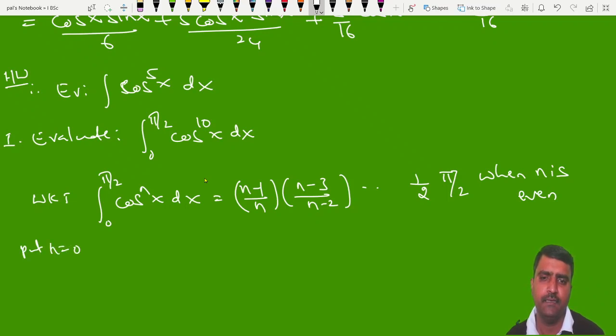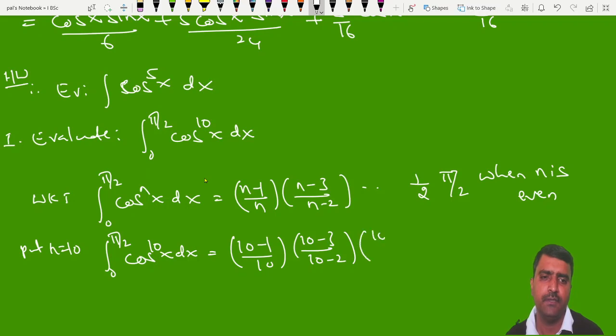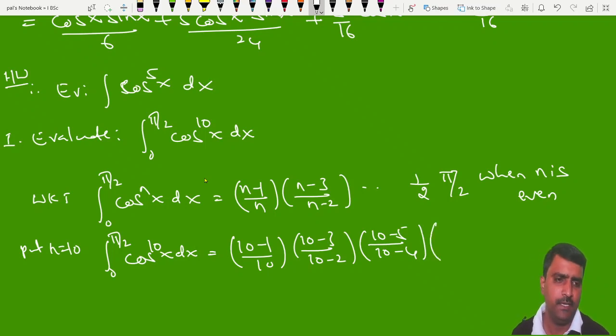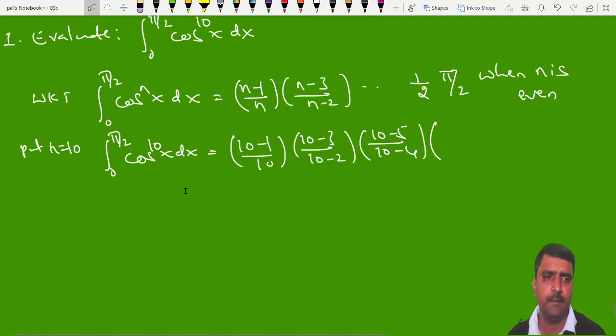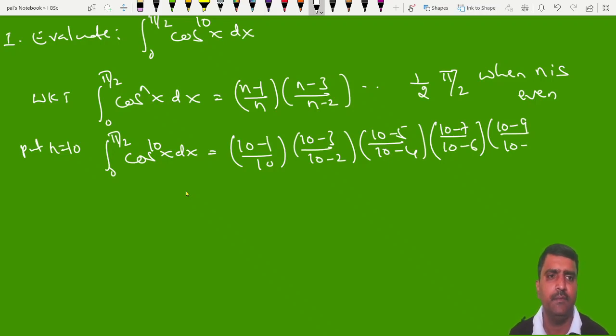Then we have integration from 0 to pi by 2 cos to the power 10x dx is equal to 10 minus 1 by 10 into 10 minus 3 by 10 minus 2 into 10 minus 5 by 10 minus 4 into 10 minus 7 by 10 minus 6 into 10 minus 9 by 10 minus 8 into pi by 2.